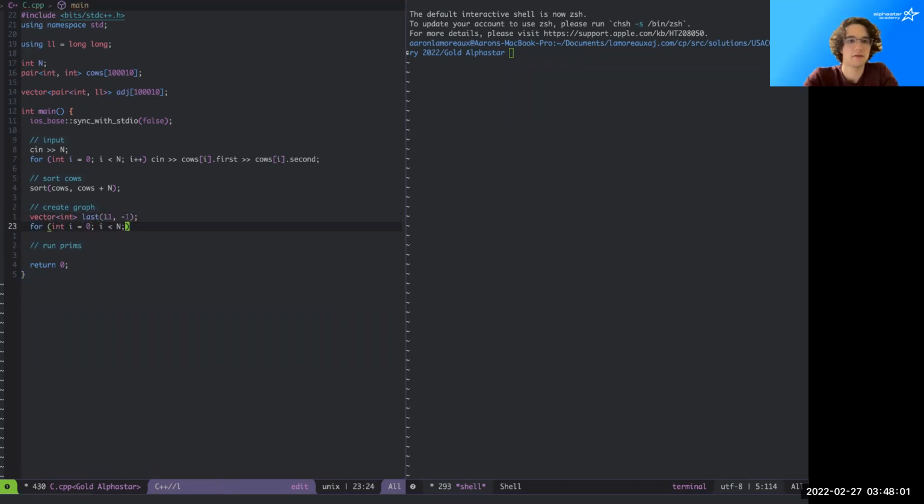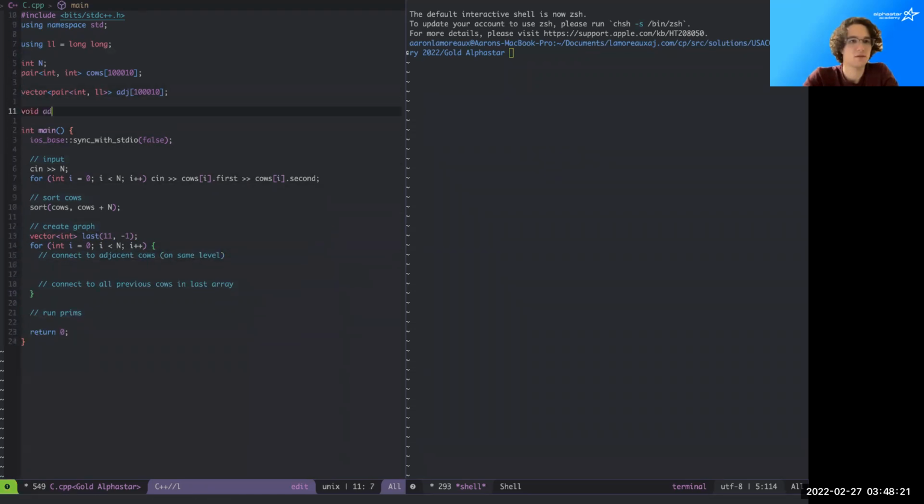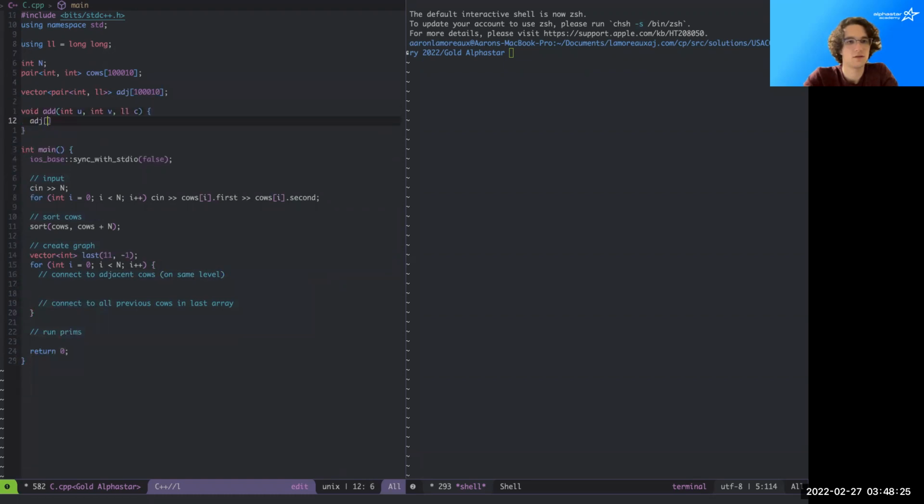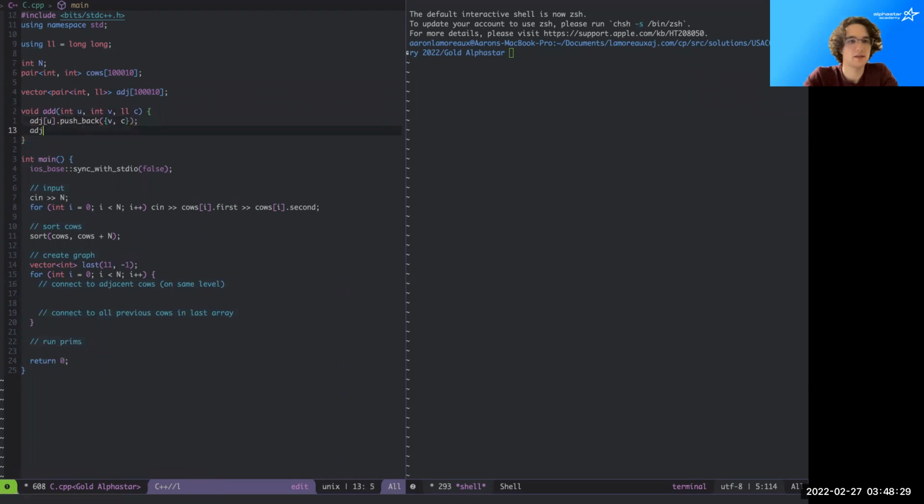Now we'll move over the cows. One thing we want to do is connect adjacent cows on each level, so we want to connect to the cows on the same level. Make a little function to add an edge.